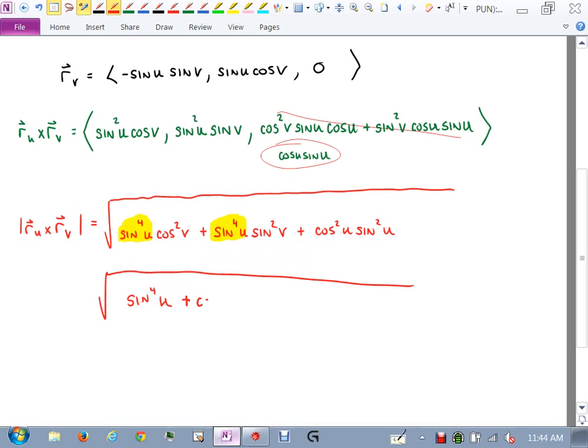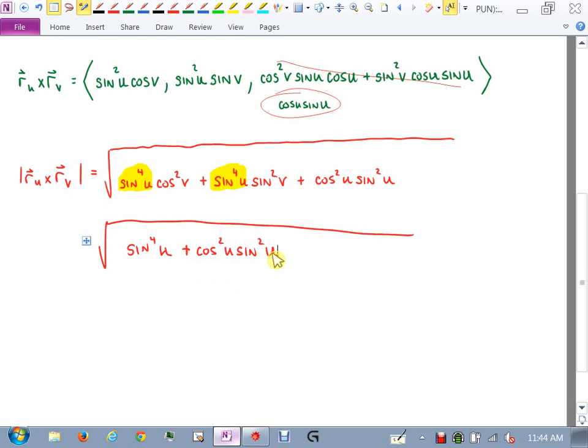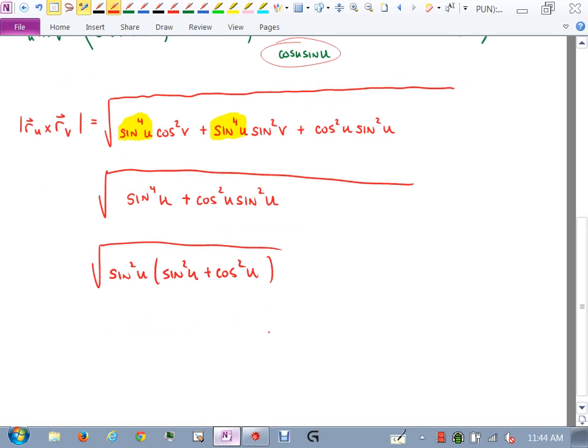Plus cosine squared u sine squared u. What can you do here? Factor sine squared out, and you'd be left with sine squared u plus cosine squared u again, right? Which is 1. So this is just the square root of sine squared u, which is just sine u.